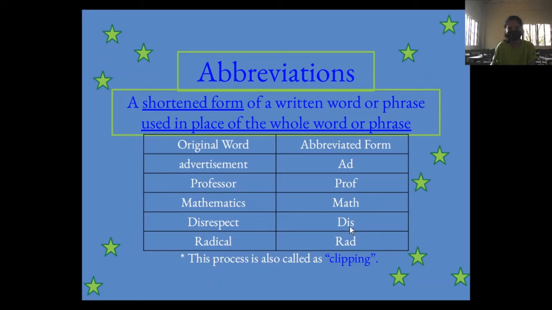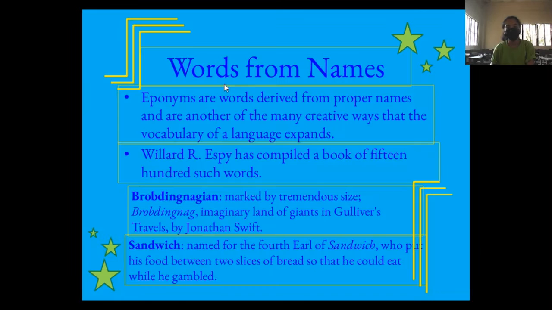This word is famous in America. Radical, rad. This process is also called clipping. Like you are cutting the words, shortening the words so that they can be used as an independent word.